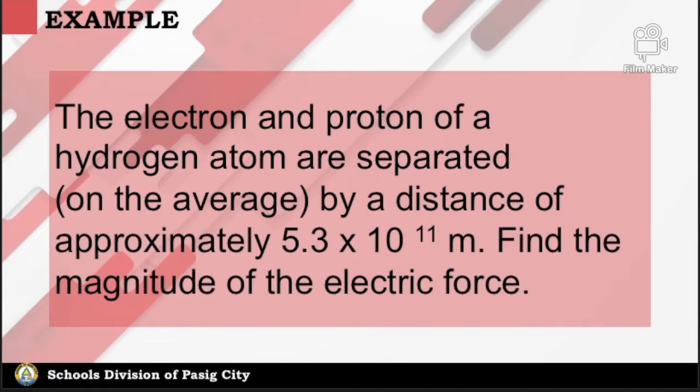The electron and proton of a hydrogen atom are separated by a distance of approximately 5.3 times 10 raised to negative 11 meter. Find the magnitude of the electric force.